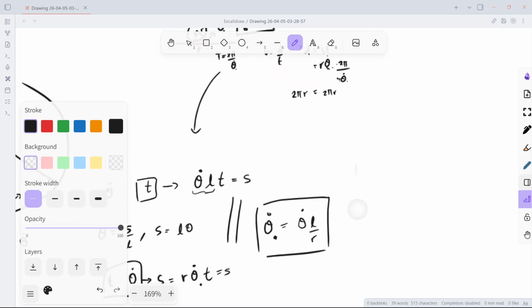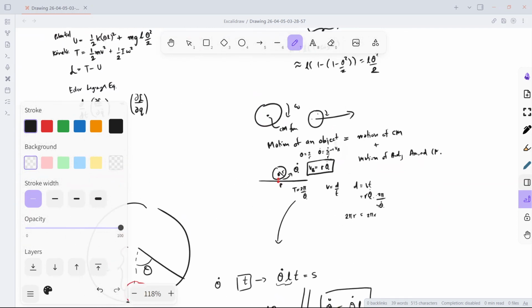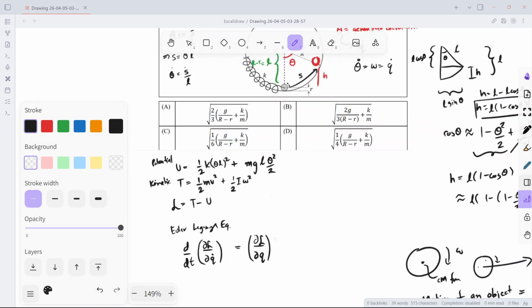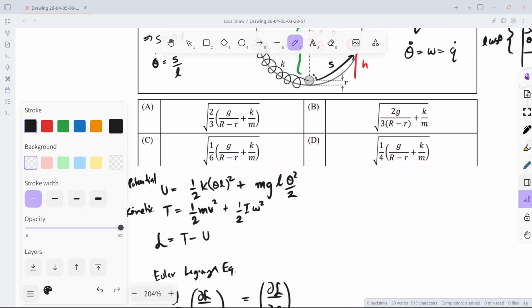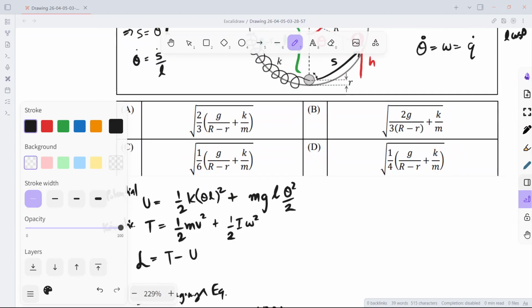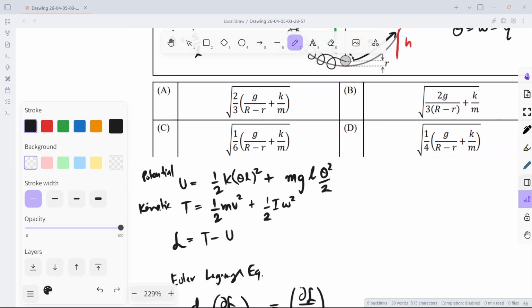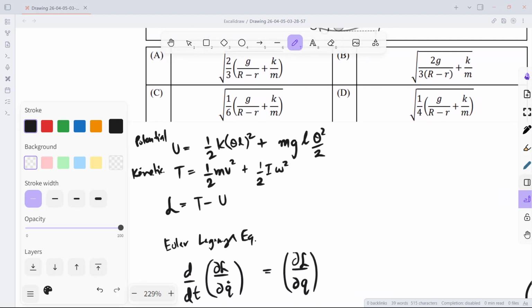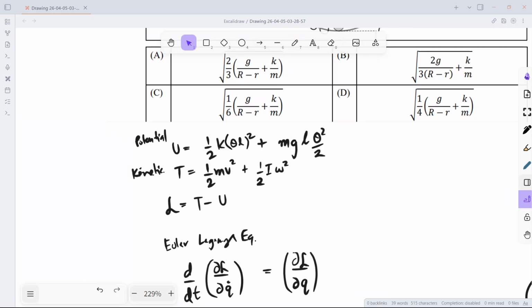Okay. That's something. Anyways, it doesn't change the kinetic energy, or rather not the potential energy, not the gravitational energy. It will change the rotational energy, right?